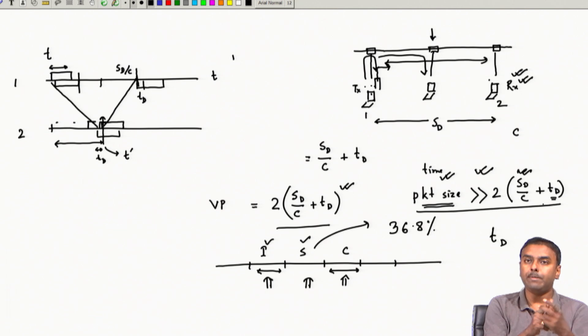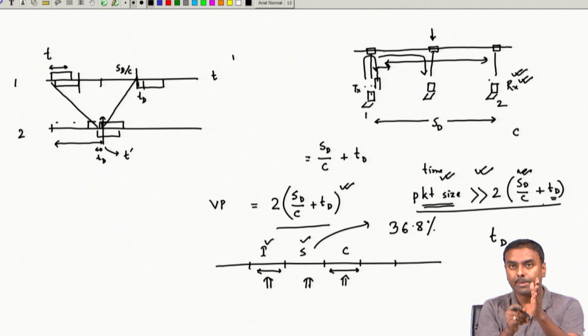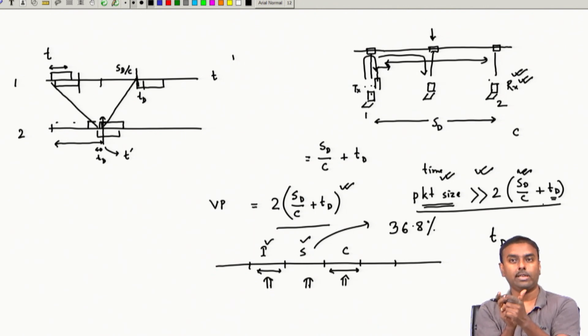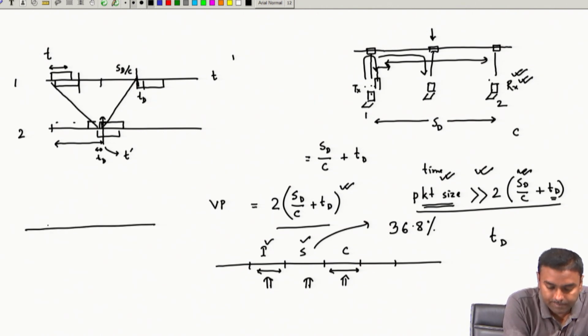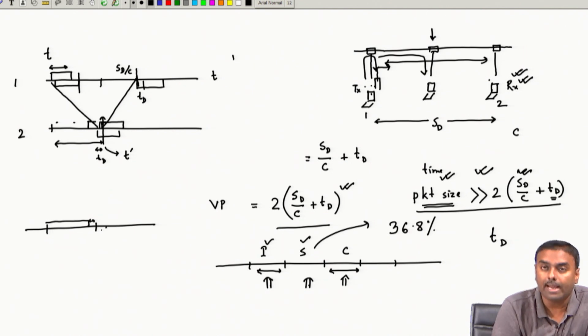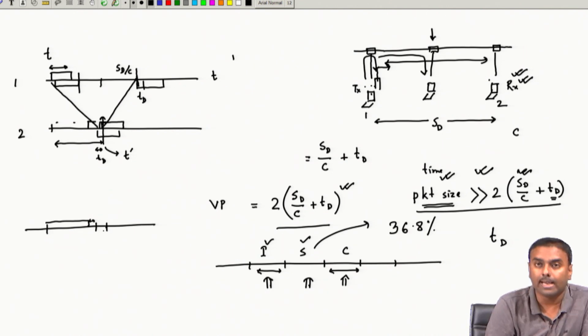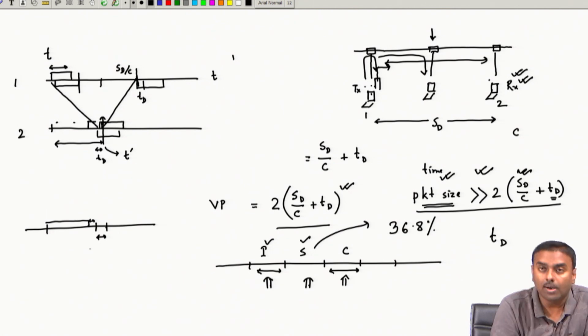So, every time what will happen: I wake up. Maybe a successful transmission has happened, then I will compute TD amount of time to detect whether the channel is busy or not. If I see it is not busy, then I can immediately start transmitting. So, if I take my success as the packet transmission time followed by a detection time, then immediately followed by that will be an idle time, equivalent to a TD or just a little bit bigger than TD.